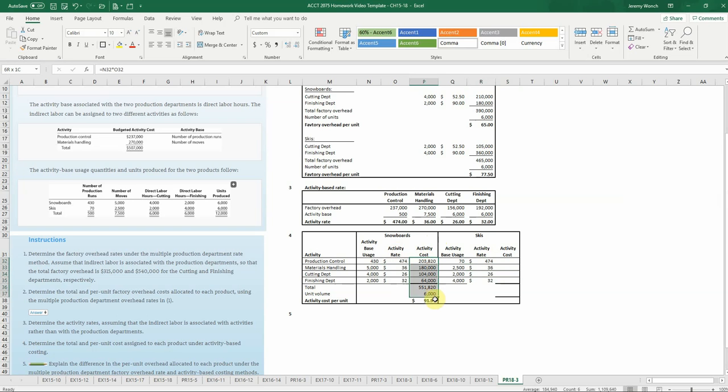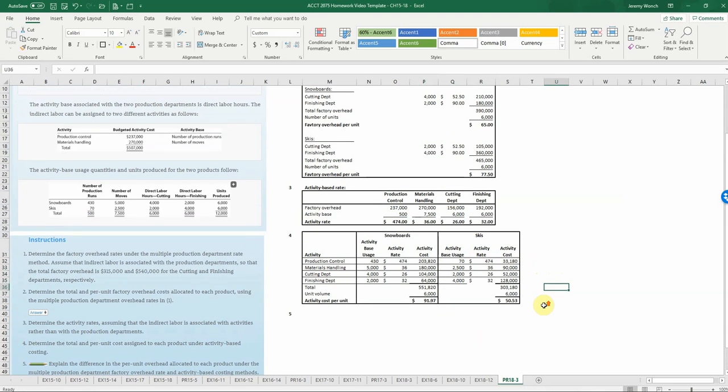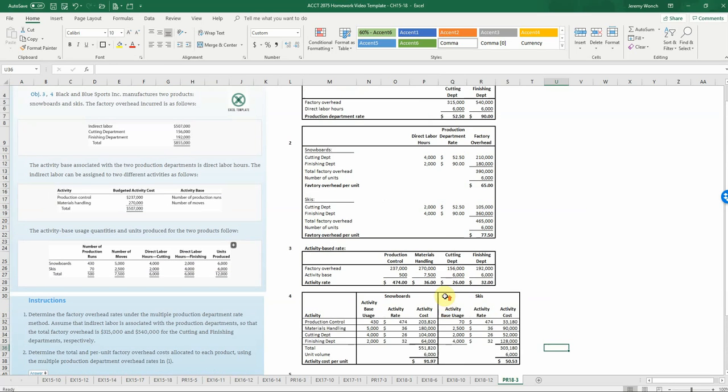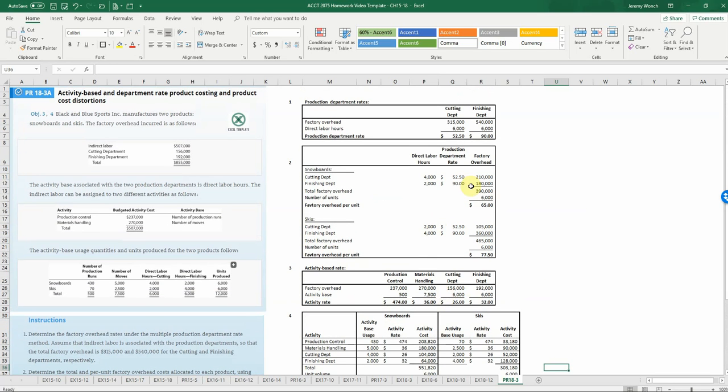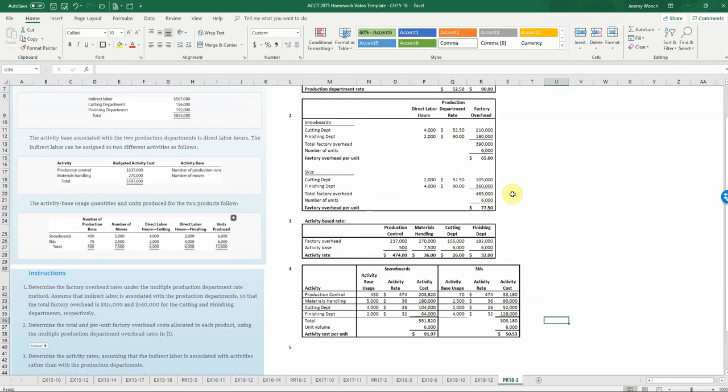Now multiply it out. So with our activity-based costing, as far as how we allocate overhead, snowboards get allocated $91.97 versus $65 when we did the departmental rate. That's a pretty big difference.